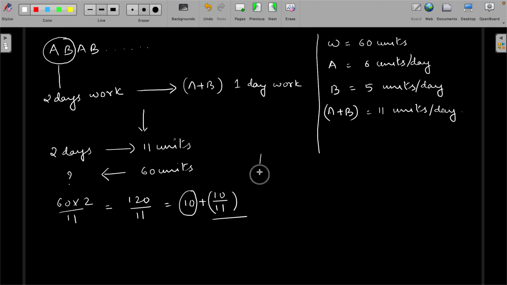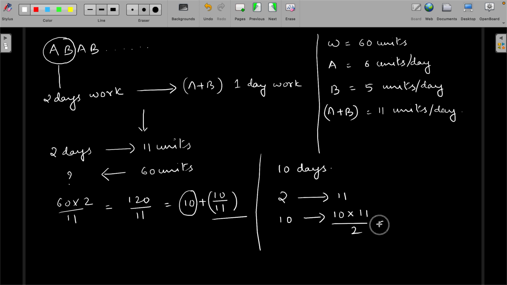So first we need to find out in 10 days how much work will be done. We know that in 2 days the work done is 11 units. In 10 days the work done will be 10 into 11 by 2, which is 55 units. That means 55 units of work is done in 10 days. The remaining 5 units will be done by A alone. A's one day work is 6 units.